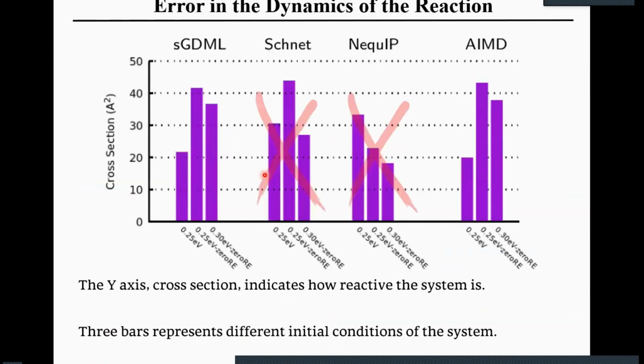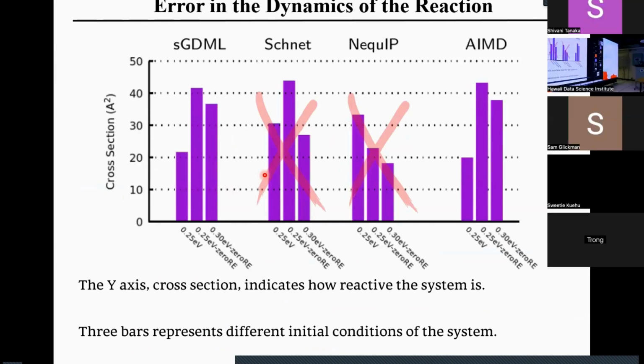Okay, but if you run dynamic simulations, what you see is they actually generate vastly different dynamic results. What I want you to focus on is the 3 bars of each set tells you the reaction at 3 different conditions. 3 different conditions means they were colliding at different velocity, they are put into different temperatures, things of that nature.